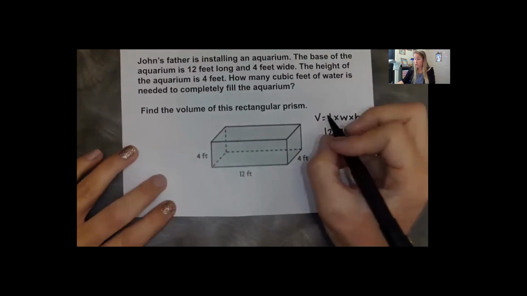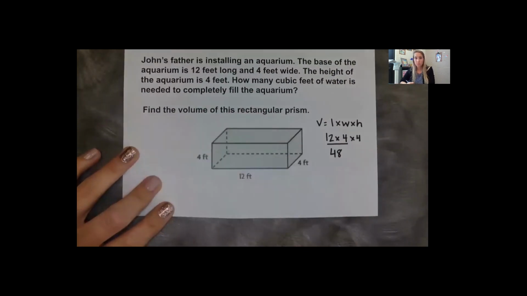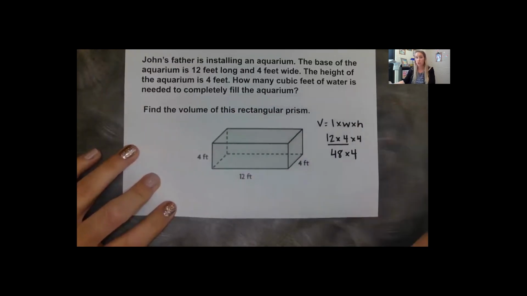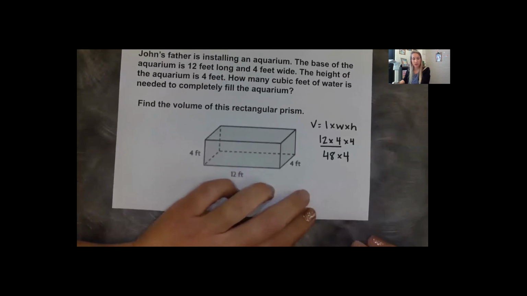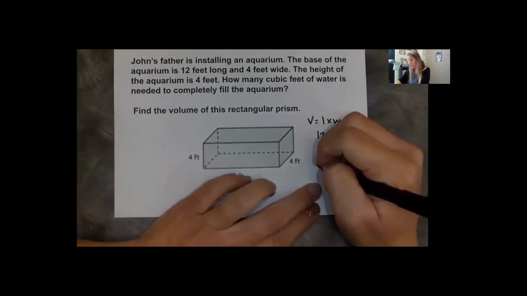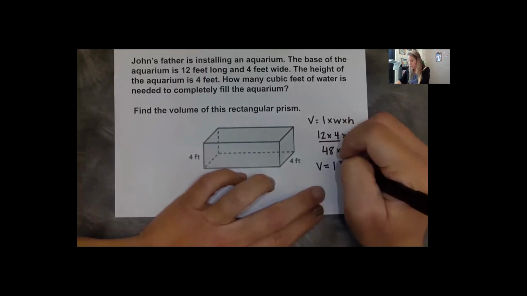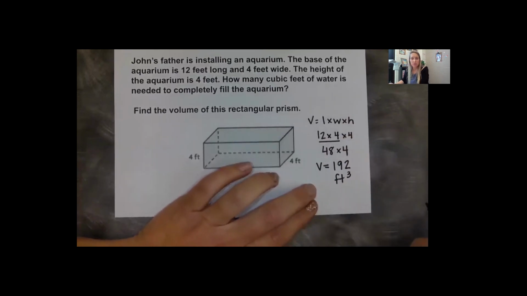Did you say that 12 times 4 is 48? And that 48 times 4 gives us a volume of what? 192. Excellent. Did you say the volume of John's father's aquarium is 192 feet cubed?